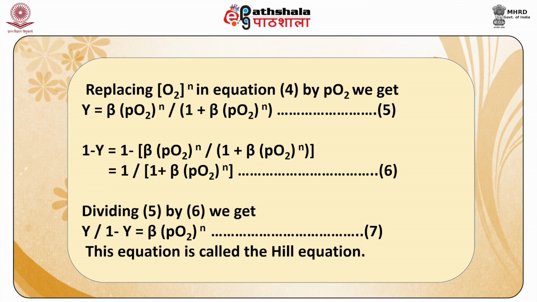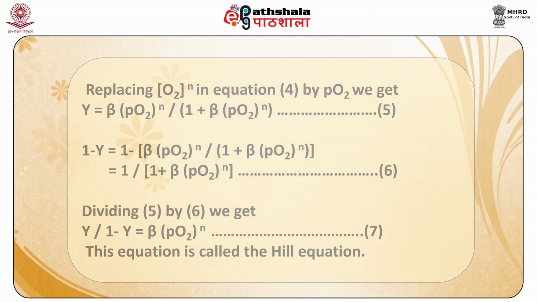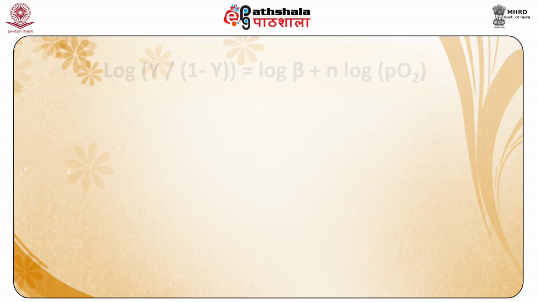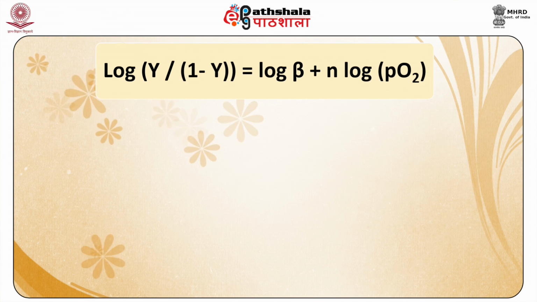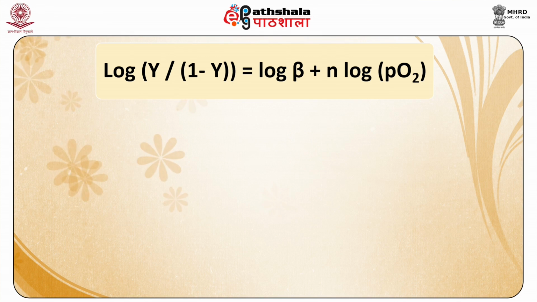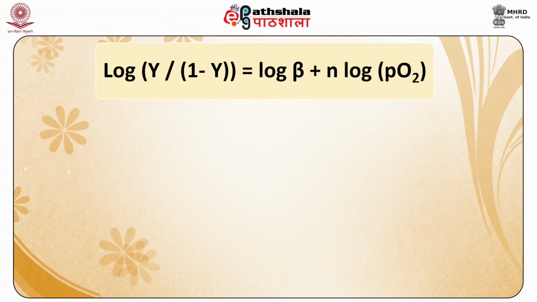Dividing Y and 1 minus Y, we get Y divided by 1 minus Y is equal to beta PO2 to the power n. This equation is called the Hill equation. Taking log of both the sides, we end up getting log Y divided by 1 minus Y is equal to log beta plus n log PO2.